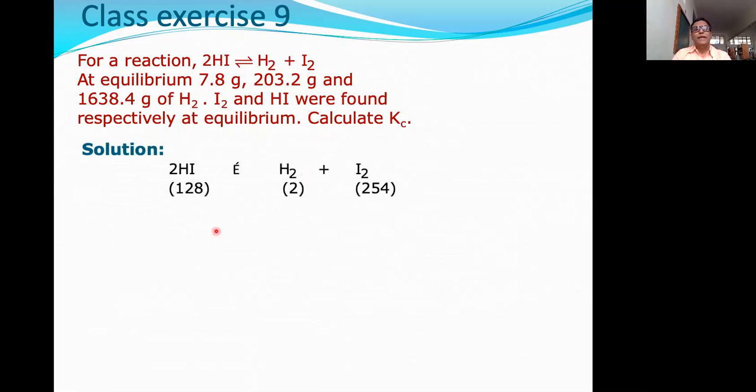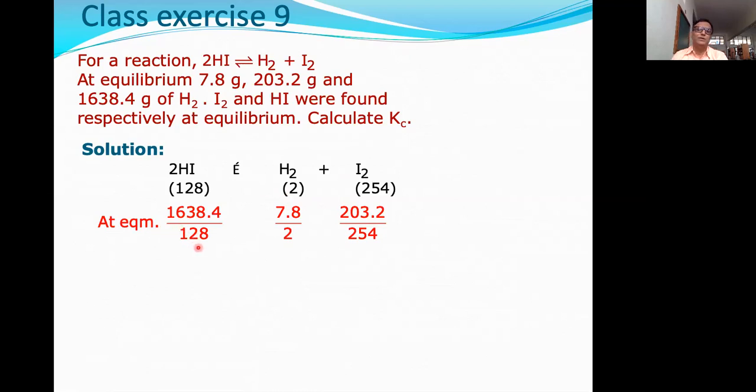Now for this reaction, 2HI gives H2 plus I2, you can write molecular weight of HI 128, that of hydrogen 2, and that of I2 is 254.